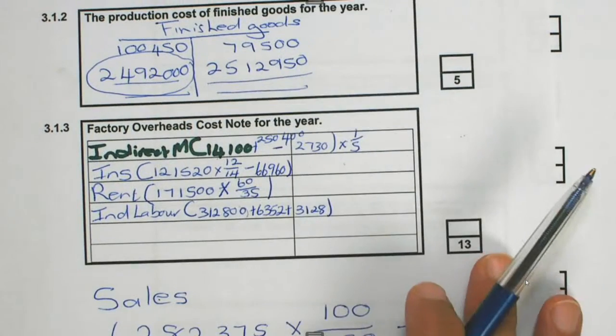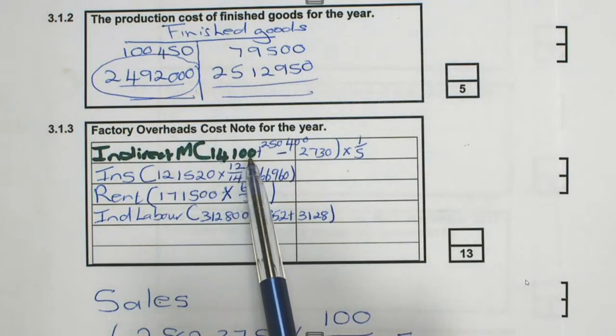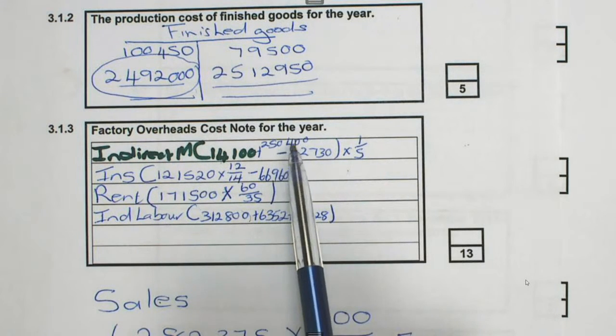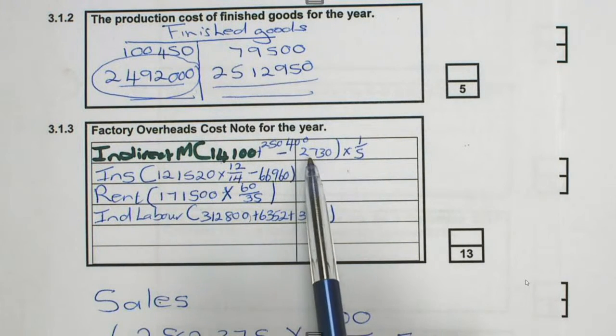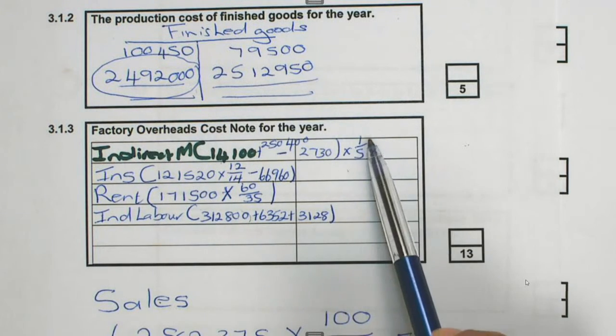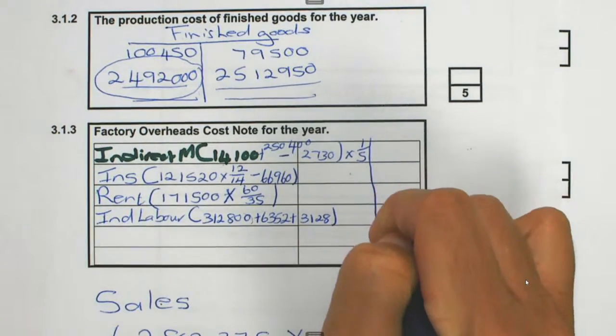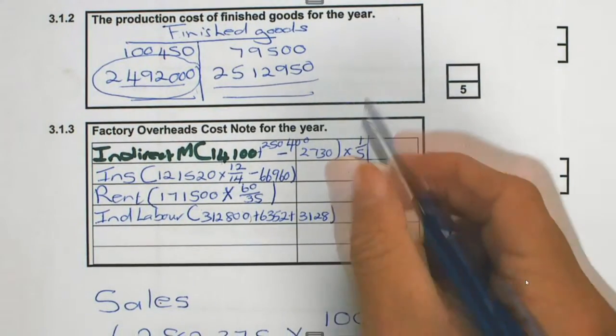Help me with our calculations here. Indirect material 14,100 plus 250,400 minus 2,730. Your answer times 1/5. I'm just going to write my figures a little bit away. I hope you have a better handwriting than mine.